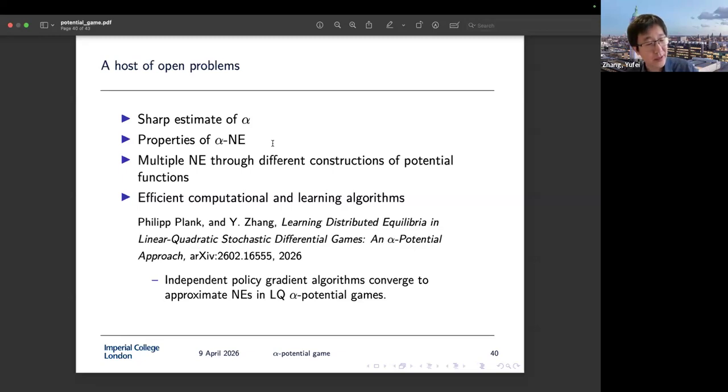In the previous paper by Xin Yu and Xin, where they first proposed this alpha potential game framework for discrete-time games, they consider the so-called best alpha: for any given potential function they find the corresponding alpha, and then they also optimize over the family of potential functions.